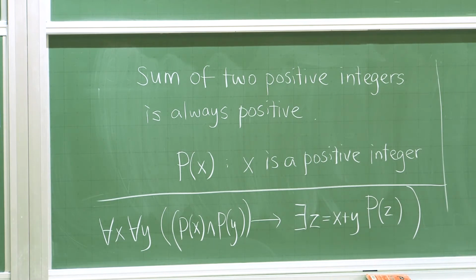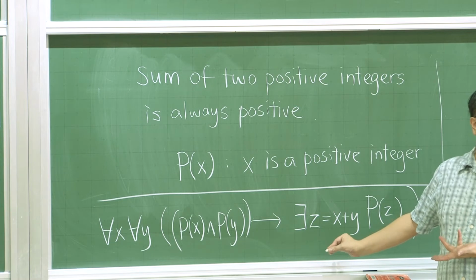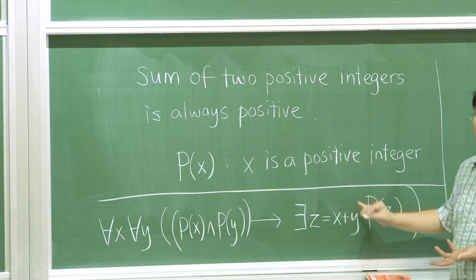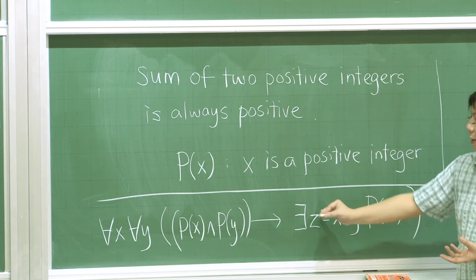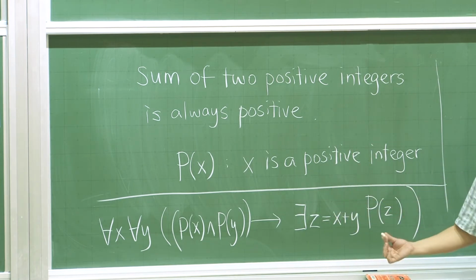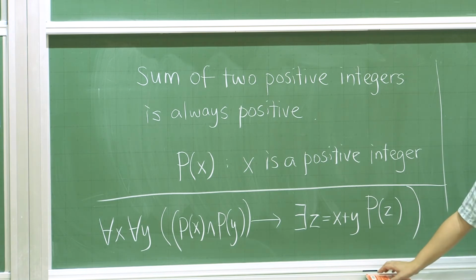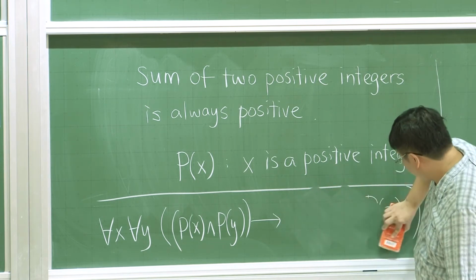And then, don't be afraid, whenever you write down something like this, you know that you can convert this. This is there exists z such that z is equal to x plus y and P(z). And in fact, z is not that important because z is a function of x and y, right? So this is what I'm going to do to simplify this a little bit.